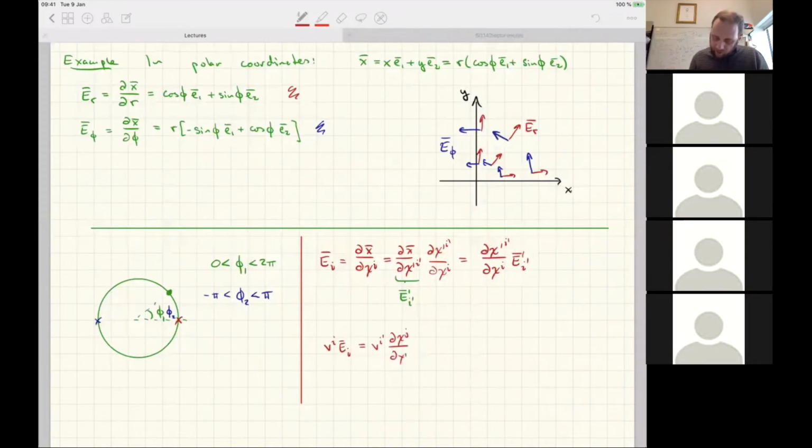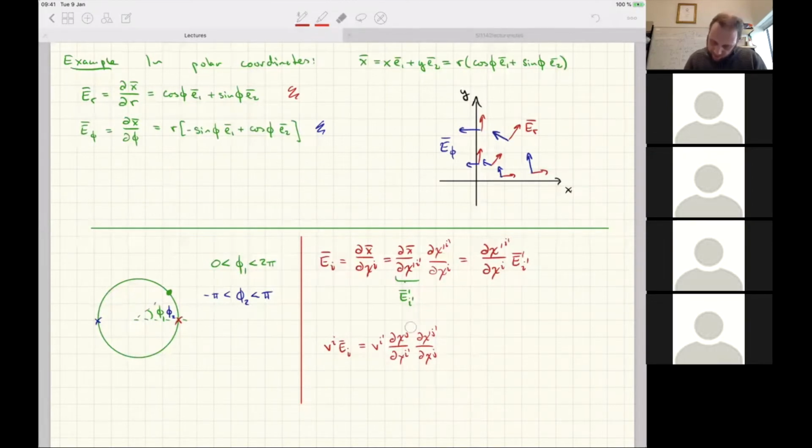And then we need to use the transformation rule for the tangent basis. It should be an i' and j' there, and then the chi^j.